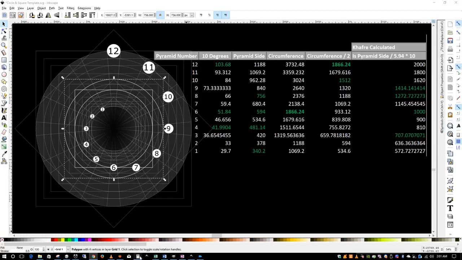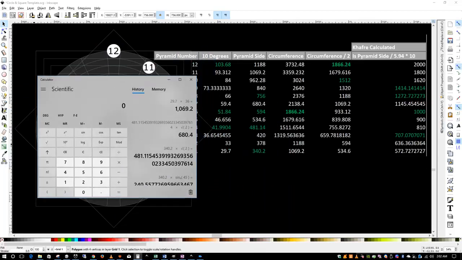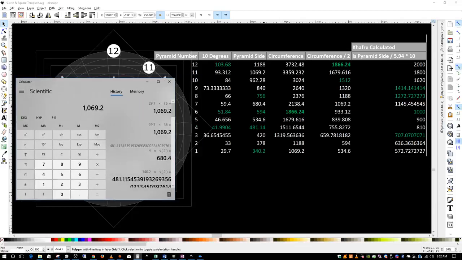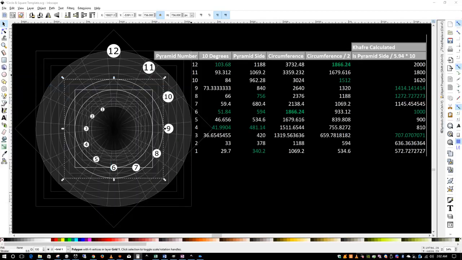So if you take the circumference, right, so that's 29.7, and you multiply that times 36, you get the 756 times the square root of 2, which is its diagonal. So the side length of the Little Pyramid, its circumference is the same as the diagonal of the Great Pyramid, and that's how they are related in number, as you can see right here.